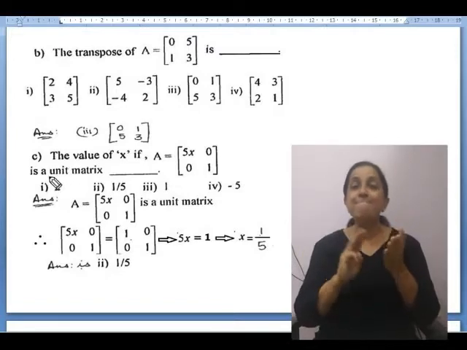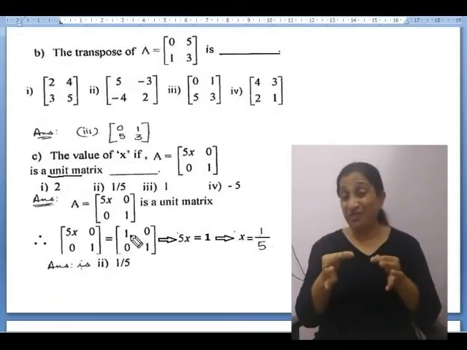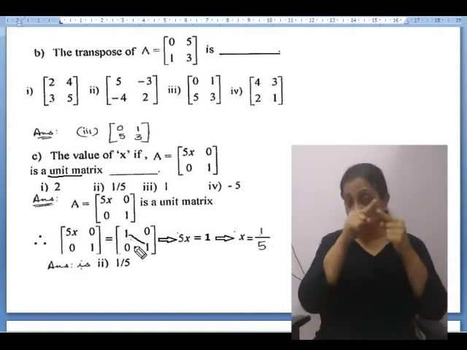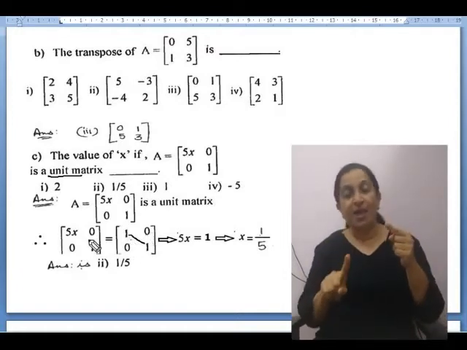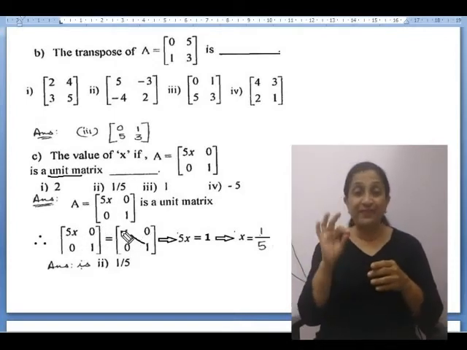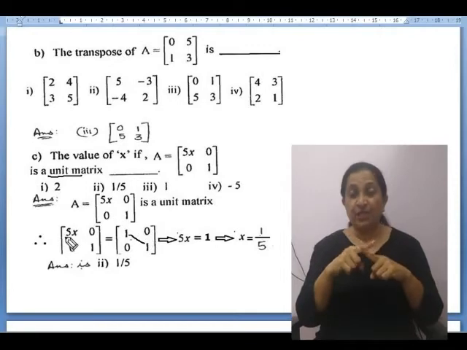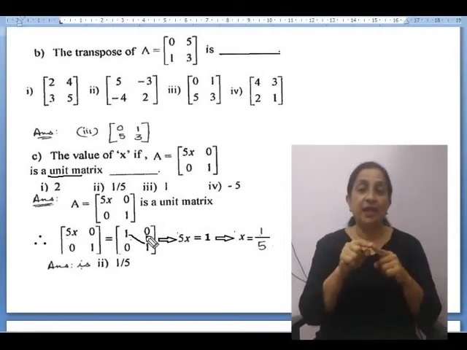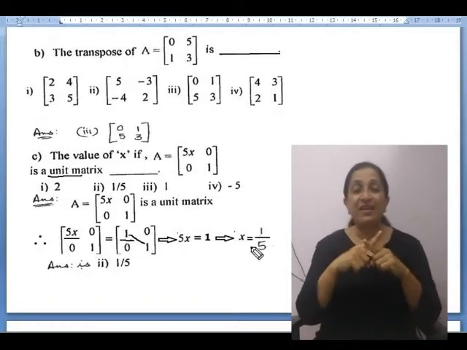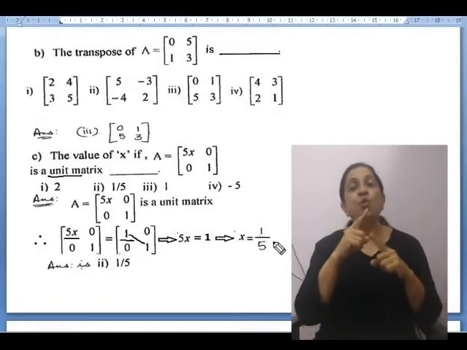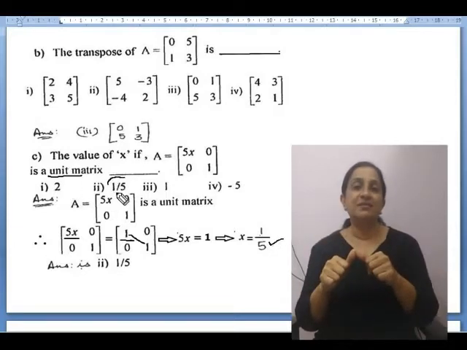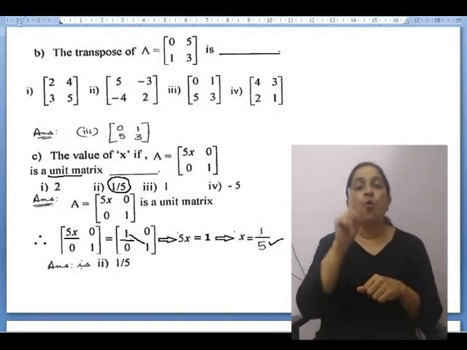Now, for this to be a unit matrix, the definition of a unit matrix is when the diagonal elements are 1 and the rest of the elements are 0. Okay. Now, he has asked for the value of x in order for this to become a unit matrix. That means here, if you equate these two, 5x becomes equal to 1. So, you have x equals 1 divided by 5. This is the answer.